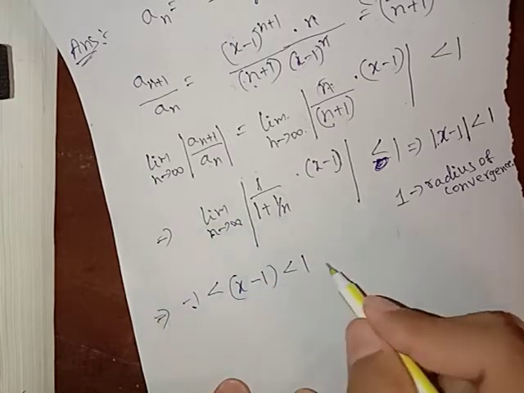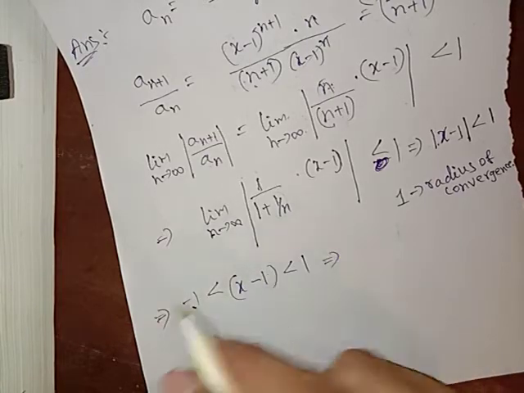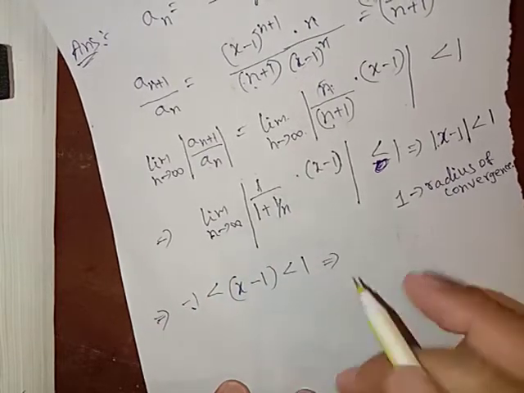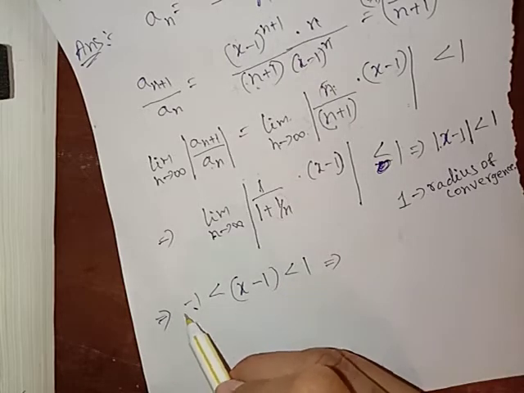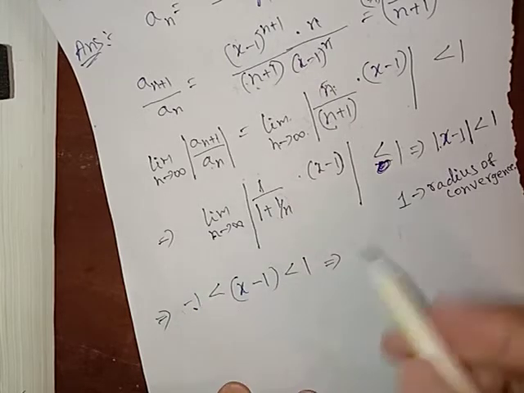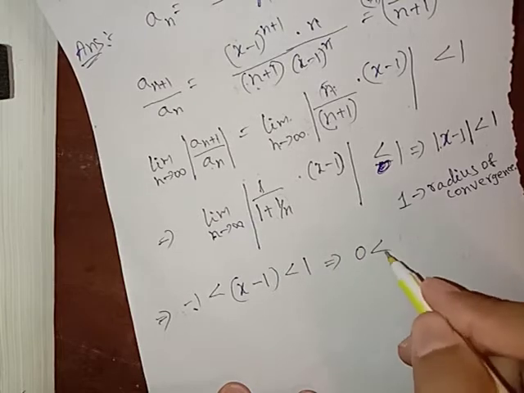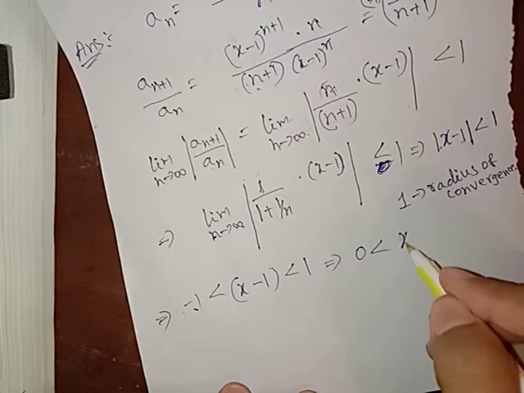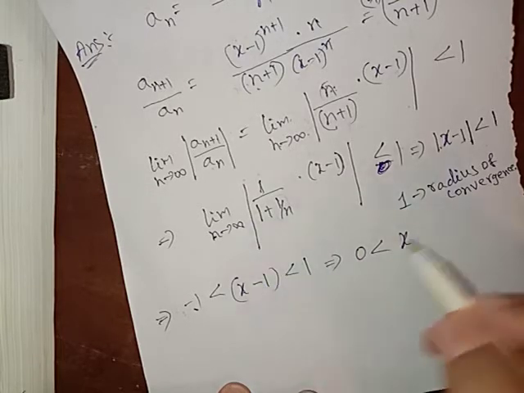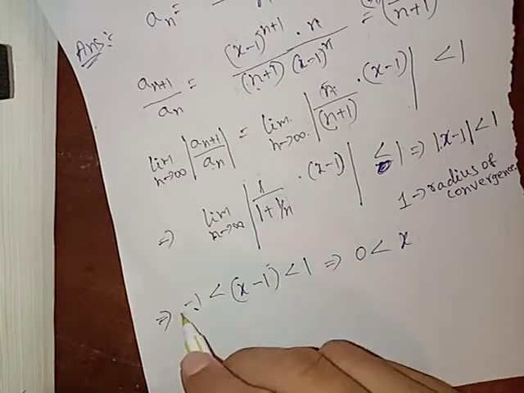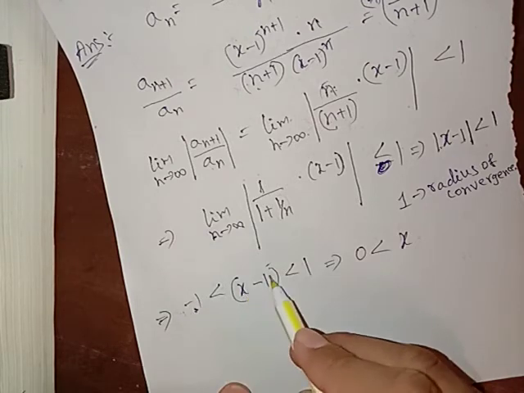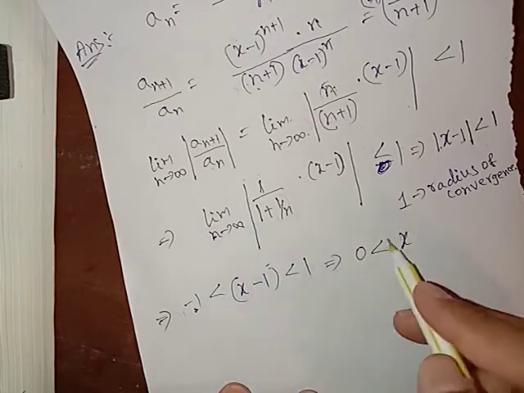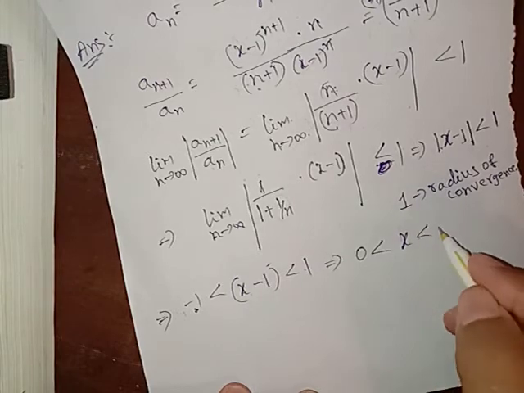If we add 1 on all sides, 1 minus 1 is 0, x minus 1 plus 1 is x, and 1 plus 1 is 2.